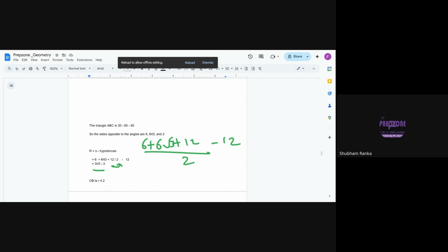This is what we have to do, no? So this you should get. It is an addition, you will get whatever you get. Just check once. 3 root 3 minus 3 was the answer, and then how do you find the radius?